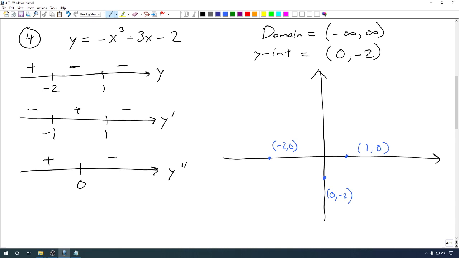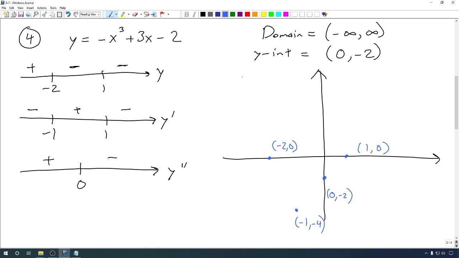I know that it has to be decreasing from negative infinity to negative 1. It's going to be somewhere in here. But what is the y value at negative 1? What is that relative minimum that we talked about before? Well, if I plug negative 1 into here, I'm going to get an answer. It's actually going to turn out to be, say around here, the y value there is negative 4.